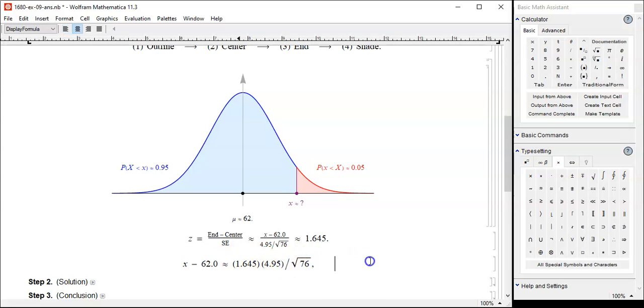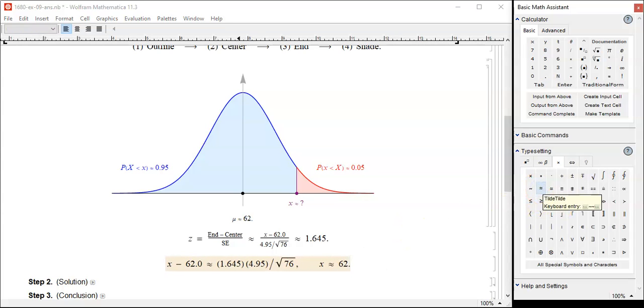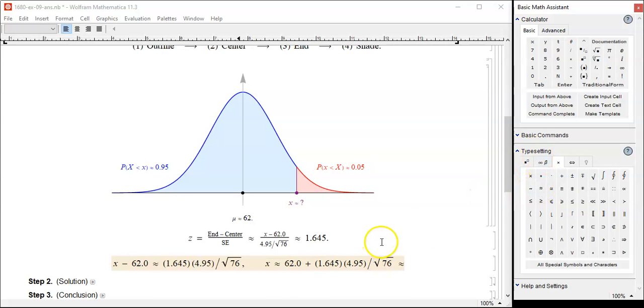Flip this to the other side. We have x approximately equal to 62.0, the mean, plus 1.645, the z-score, times 4.95, the standard deviation, over square root of 76. And let's do this computation.